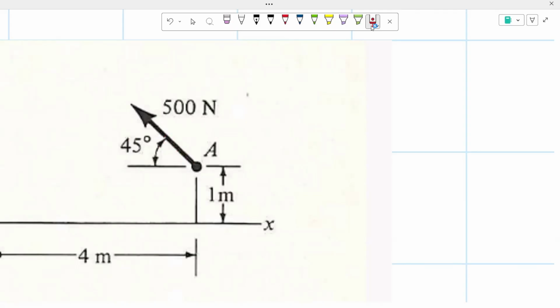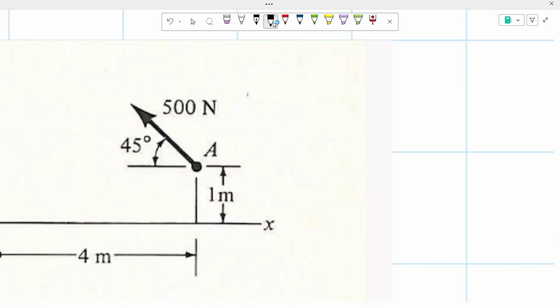With regards to this angle, we are trying to find the opposite side, and we're working with the hypotenuse, which is why we're going to be using sine, since sine is opposite over hypotenuse, for the vertical component.